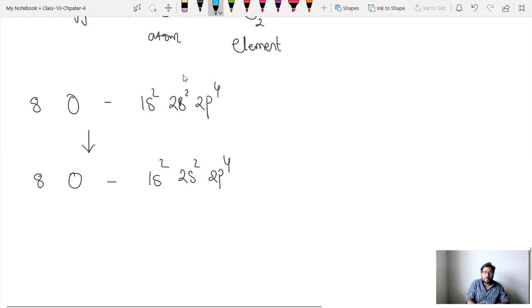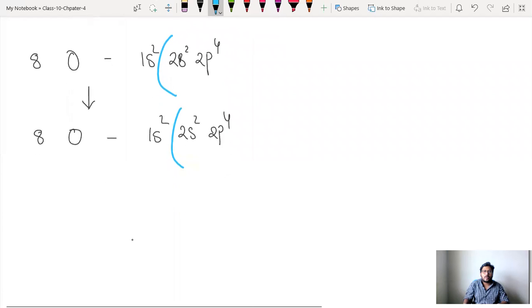Now coming to the outermost orbit for this oxygen, 2s2, 2p4, and for this oxygen also 2s2, 2p4. How can you draw? First oxygen, how many outermost electrons? 4 plus 2, 6. 1, 2, 3, 4, 5, 6.